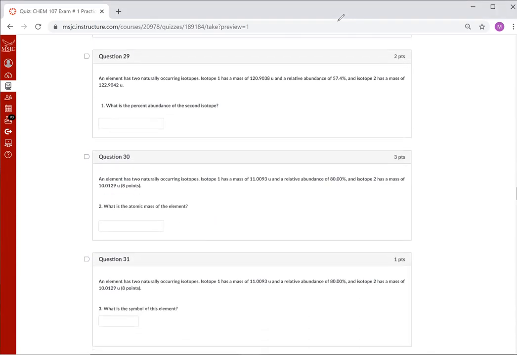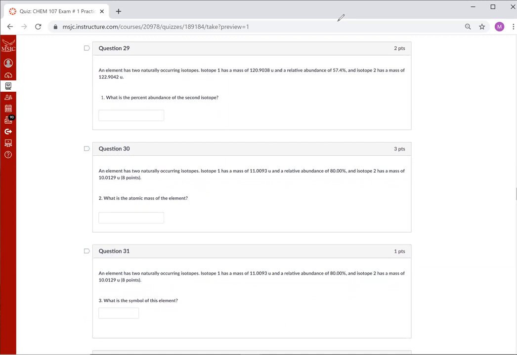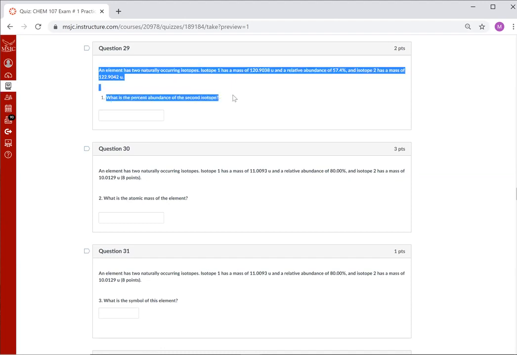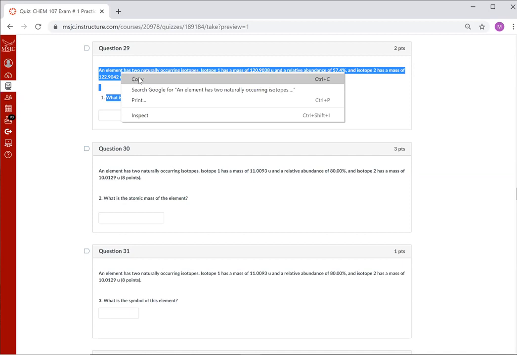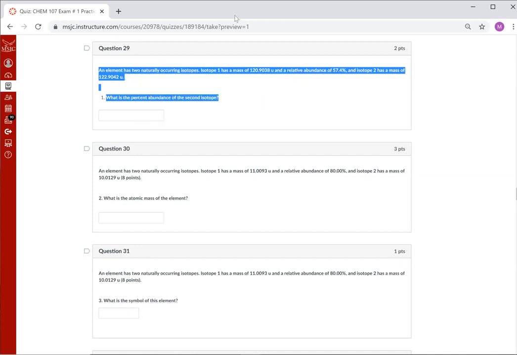So let's keep going on this example. And now we're doing some isotope abundance analysis. An element has two naturally occurring isotopes. In this case, we're going to have to pull up a whiteboard to discuss this example. So let's copy this, and let's pull up a whiteboard in OneNote.